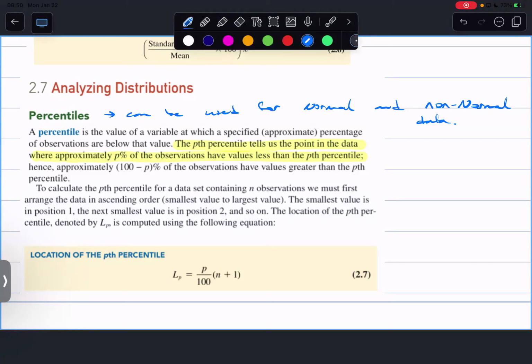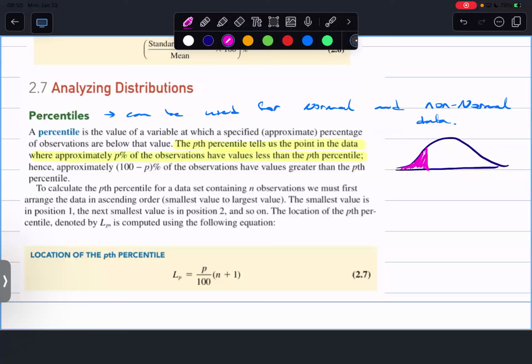If I have a normal distribution, or any distribution really, but my go-to is a normal, I'm going to have some area under the curve, because that represents my data.